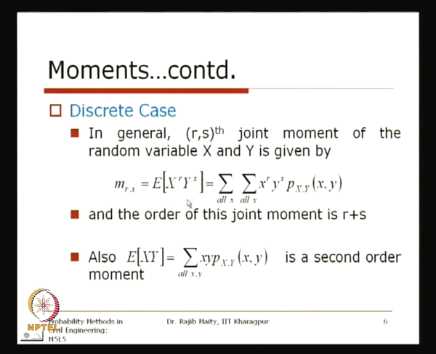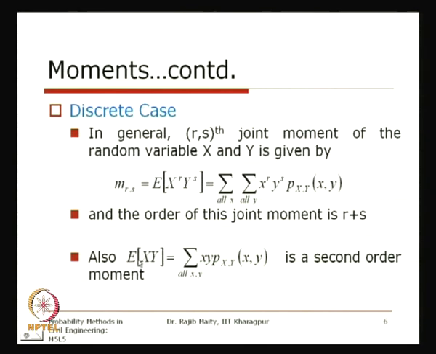As this is the discrete case, we take the summation over all possible x as well as all possible y, of x power r and y power s multiplied by the joint probability mass function p x y of x y. And the order of this joint moment is declared to be r plus s. So, the total of r and s is the order of this joint moment.